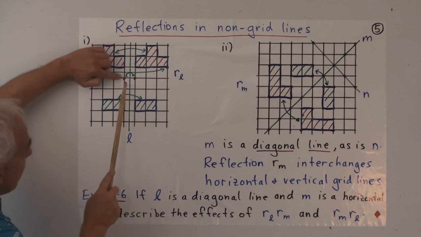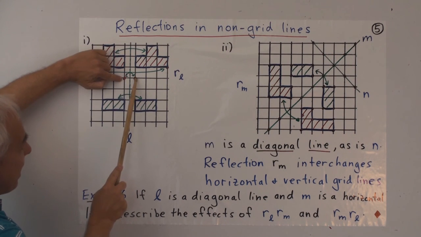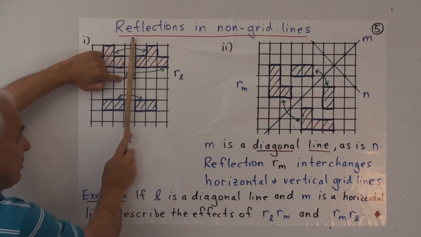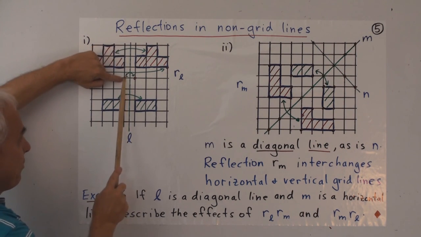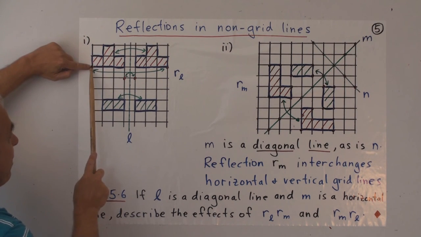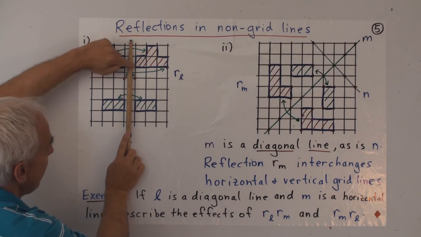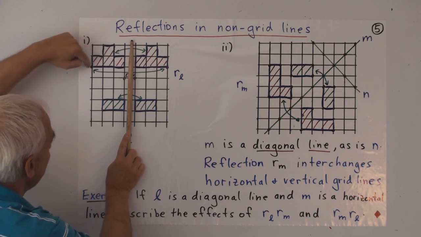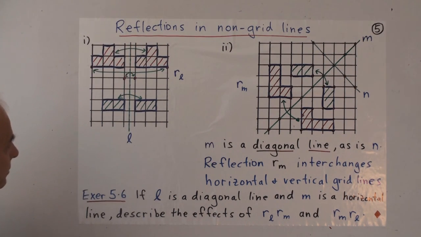Because a point like this, for example, will be reflected to a point on the other side of the reflecting line, an equal amount on the other side. So that point will go to that point. Or say that point there, 1, 2, 3.5, half, 1, 2, 3. So this point will be reflected to this one, and vice versa.